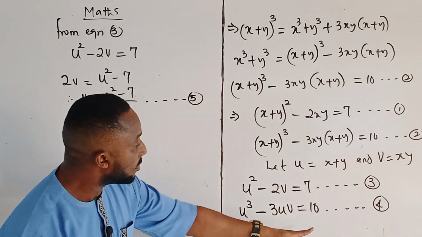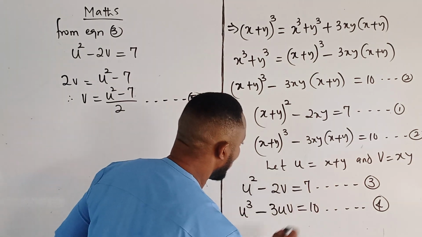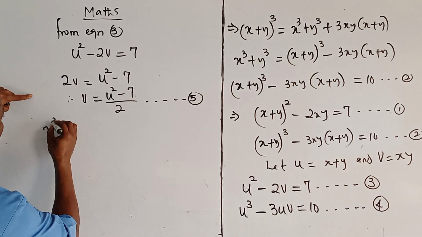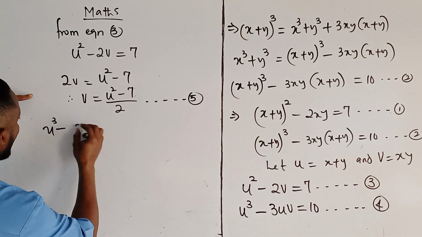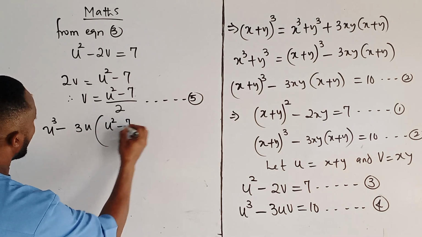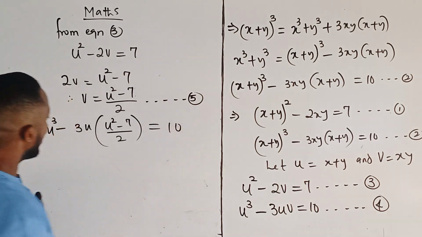What I need to do is plug equation number 5 into equation number 4. This is going to give us u cubed minus 3u times u squared minus 7 all over 2 equal to 10.